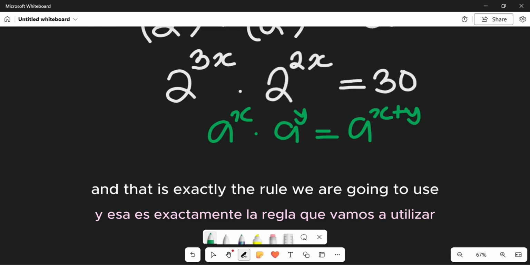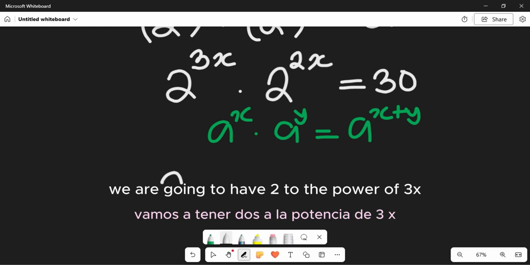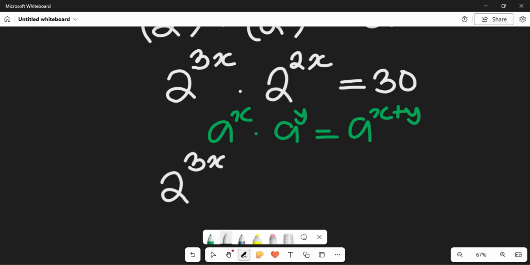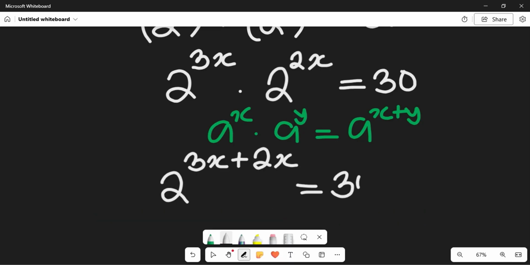That is exactly the rule we are going to use. So if we apply that rule here, we're going to have 2 to the power of 3x plus 2x, and this will be equal to 30.